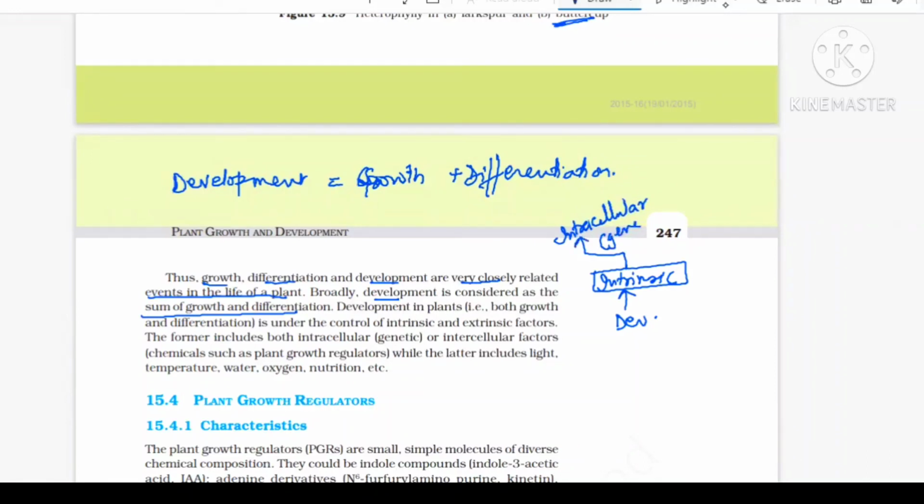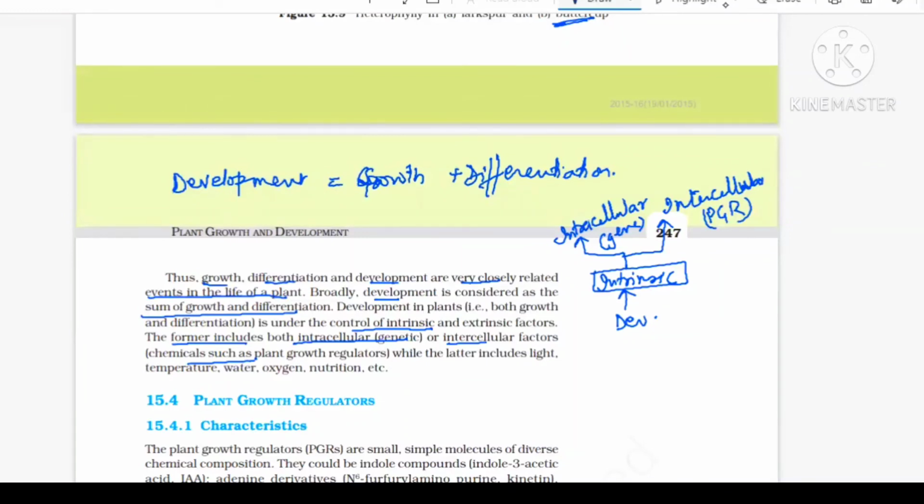Then there is intercellular, inter means in between, and intercellular is your PGR. So here is control of intrinsic factor, and intrinsic factor includes intracellular genetic and intercellular PGR.